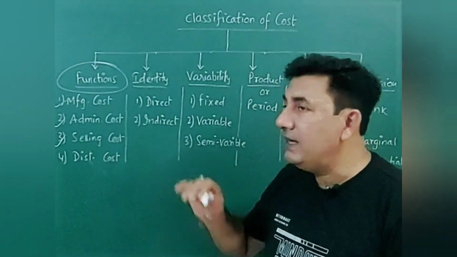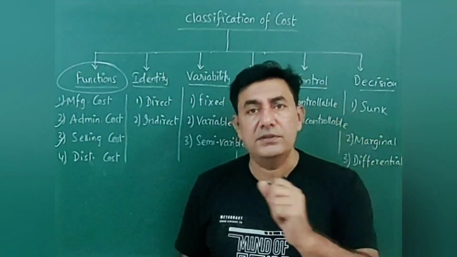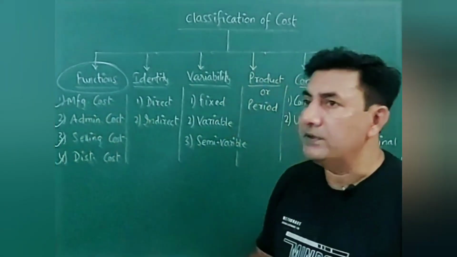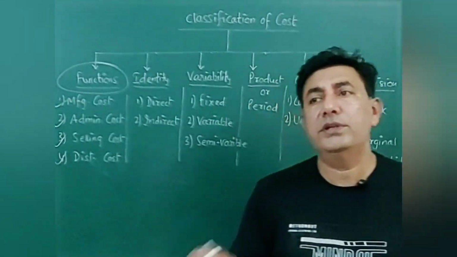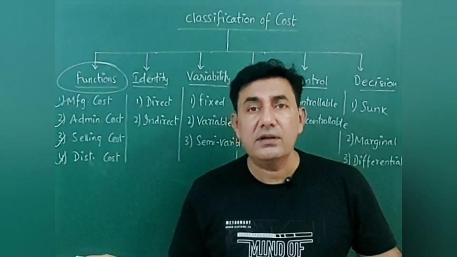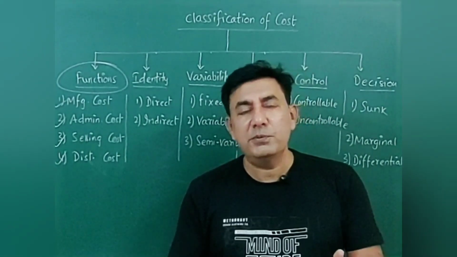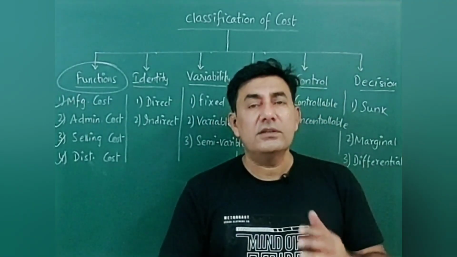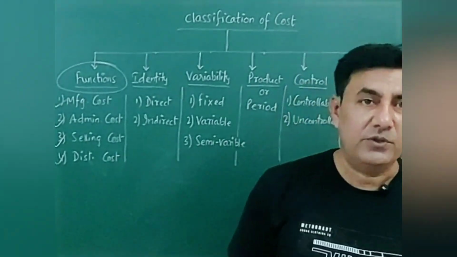So these are all selling expenses which are incurred to sell a product or service to the customers. And lastly, the distribution expenses. As a manufacturing unit, you need to distribute the product to your customers who are located in different areas and localities. So there again, transportation cost, warehousing cost, traveling cost, many costs come in. These are all examples of distribution cost.